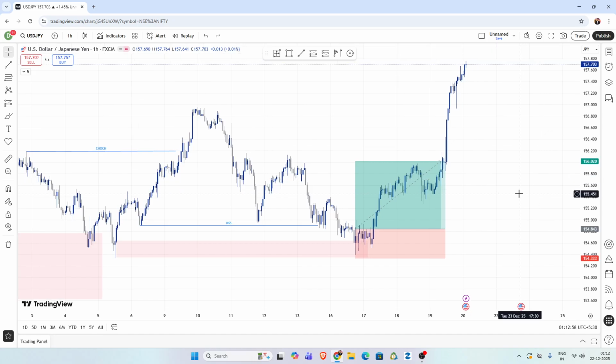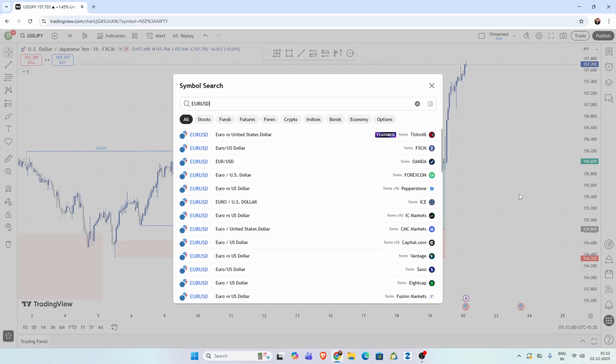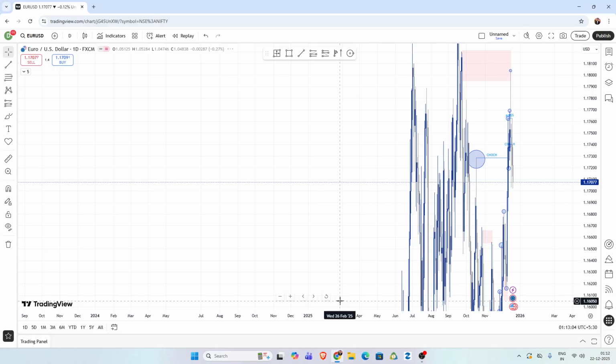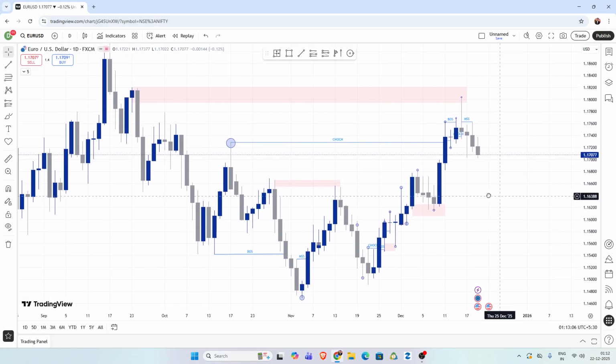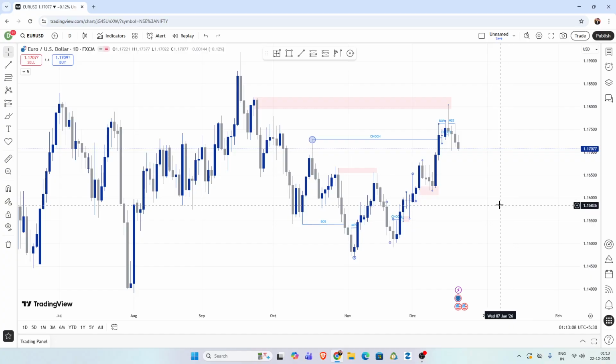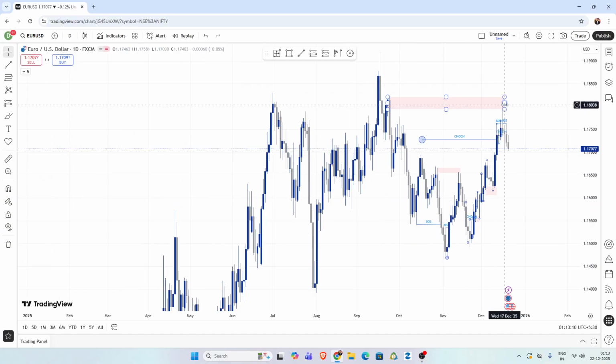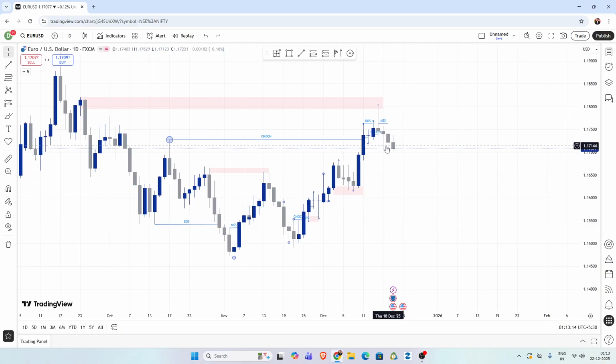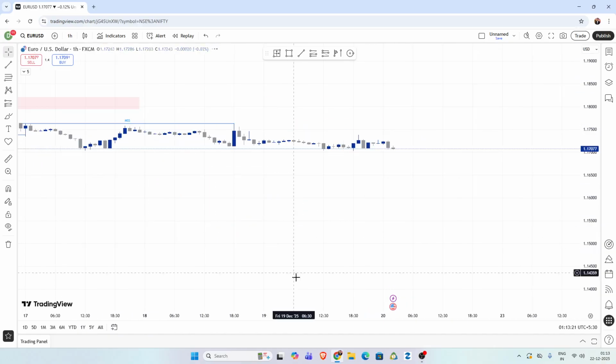And for future forecast, we can see EURUSD. As you can see, the market clearly shifted from here, and it is clearly making a pattern to go towards the downside.